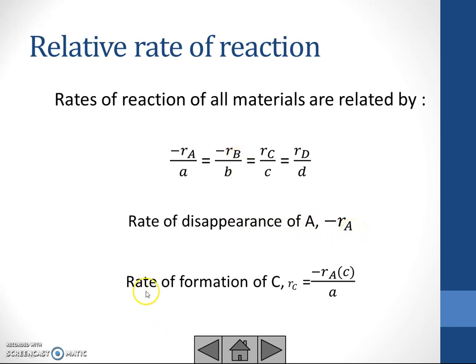If you want the relationship for the rate of formation of C, which is rC, how does it relate to rA? rC over c equals negative rA over a. Therefore rC equals negative rA over a multiplied by c. Can you do it on your own?